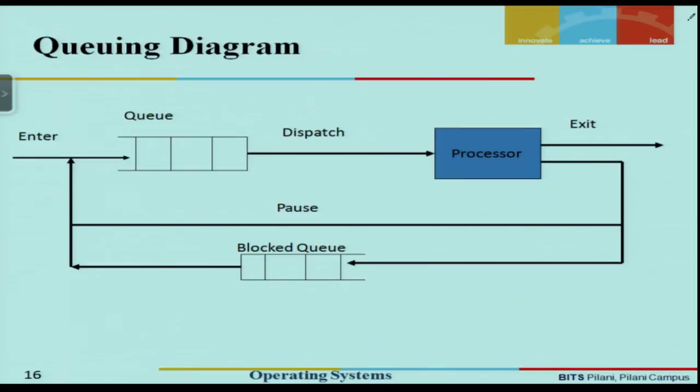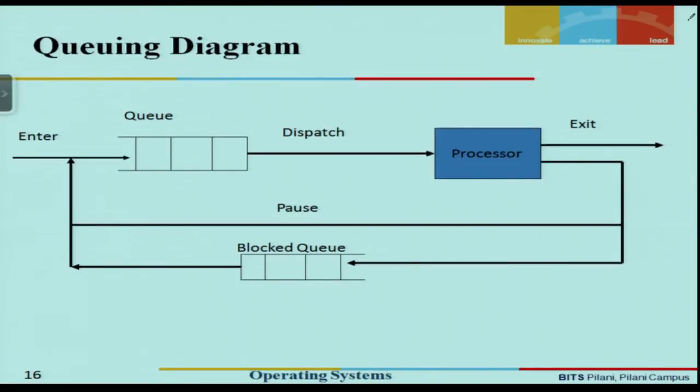So whenever an event occurs, one would need to scan through the complete queue and find the appropriate process for unblocking.